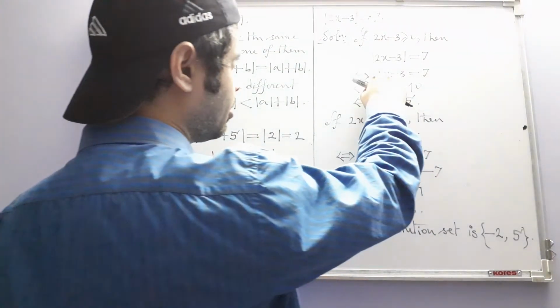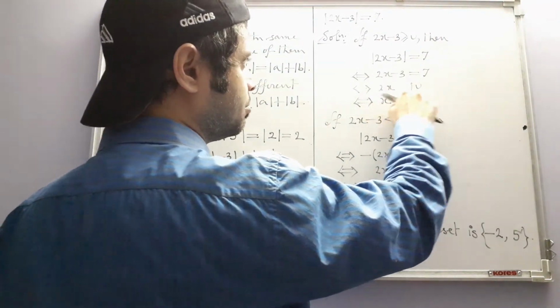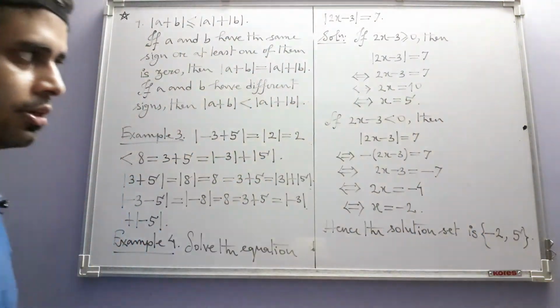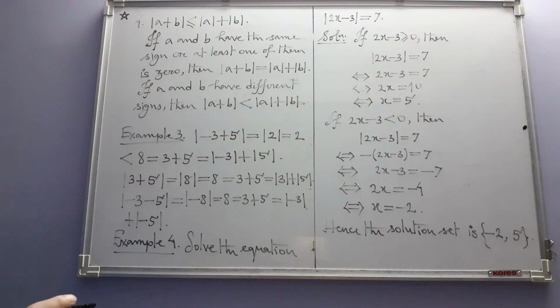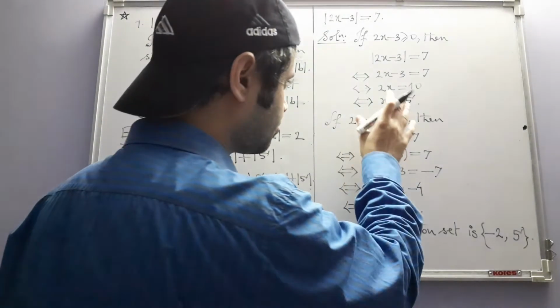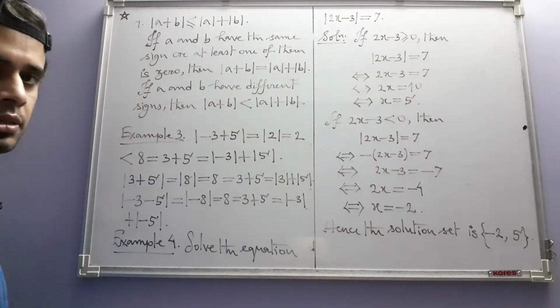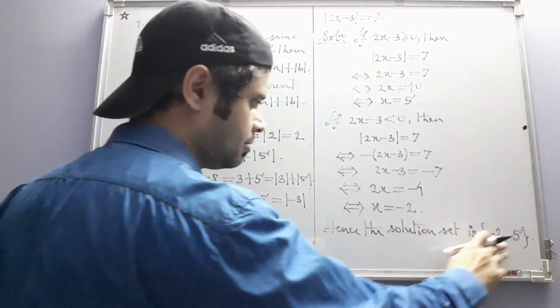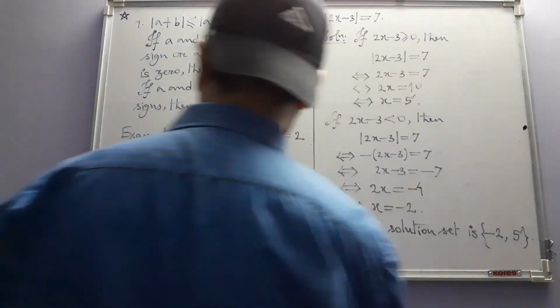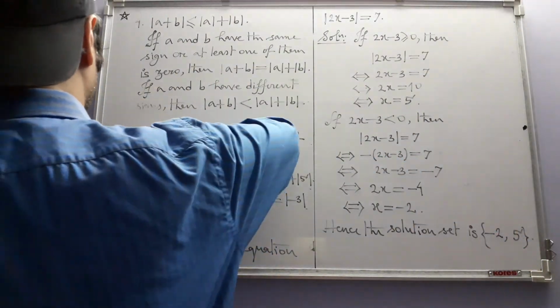If we did not have absolute value, then say for example if we had this one, we would have only one solution, but because of the presence of absolute value and thus because of the presence of two different cases, we ended up having two different solutions.